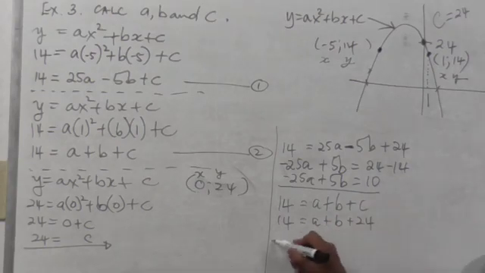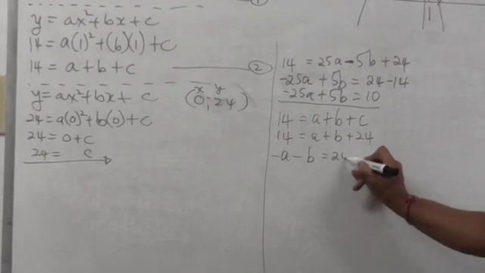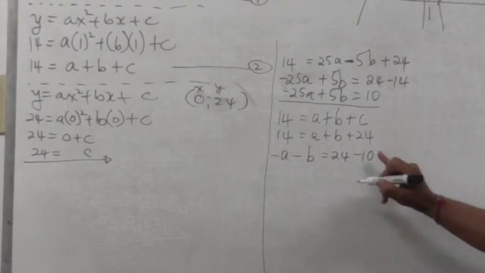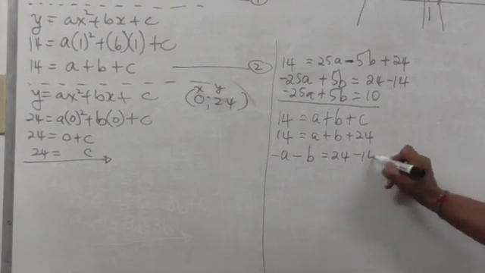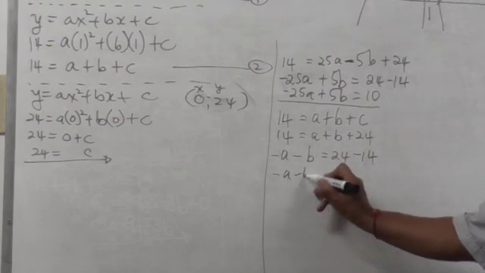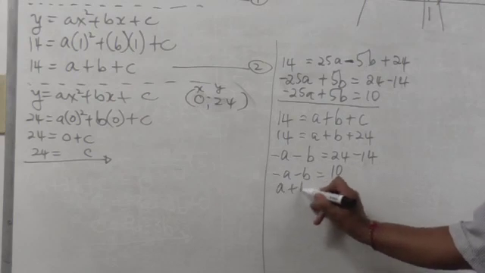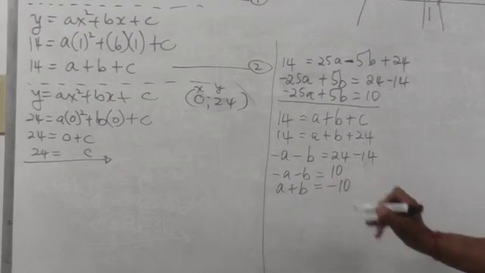So if I rewrite this, minus a minus b is equal to 24 minus 14, which is 10. So a plus b is equal to minus 10.